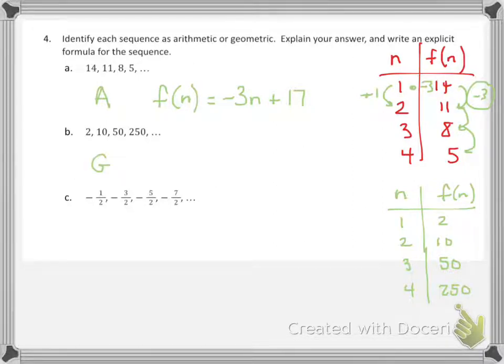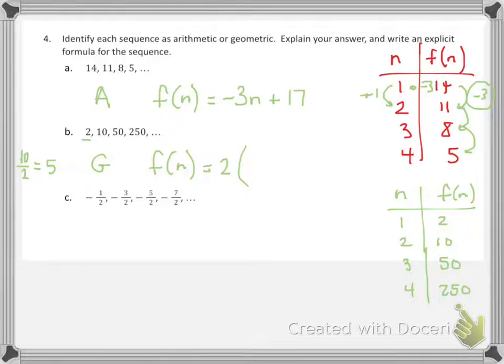And then what's the equation? Well, since it's geometric, I remember that I can say the first term, 2, times the common factor. Well, the common ratio or common factor is I'm multiplying by 5 every time. And if you're not sure what it is, you take the second term divided by the first term. And so 10 divided by 2 is 5. And that will be the same no matter what 2 successive terms you use.